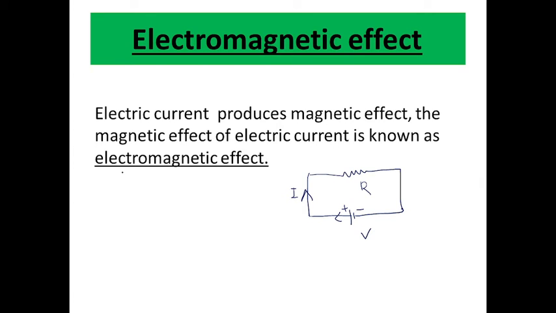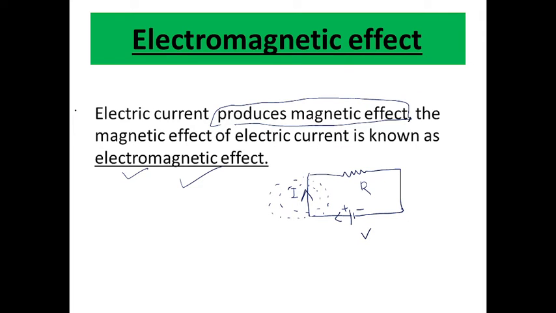According to the concept of electromagnetic effect, when current is flowing in the circuit, it will produce a magnetic effect. That means in this area we will observe the magnetic field. This concept is known as electromagnetic effect.